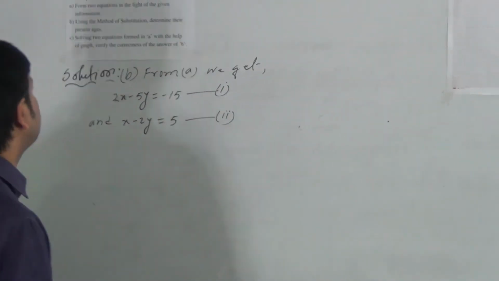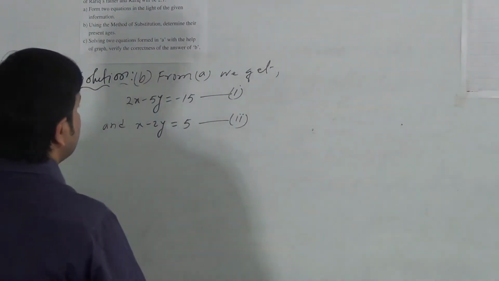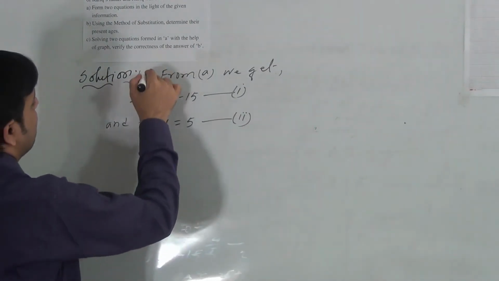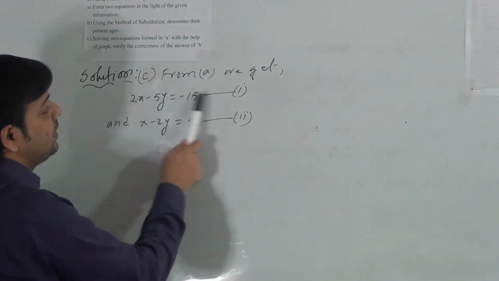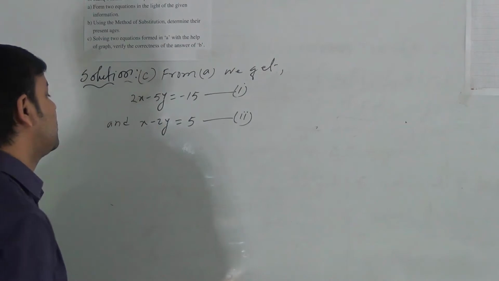Okay, now solve the equation using graph. So we can say this is solution of question C. From A we get, this is first equation, this is second equation.